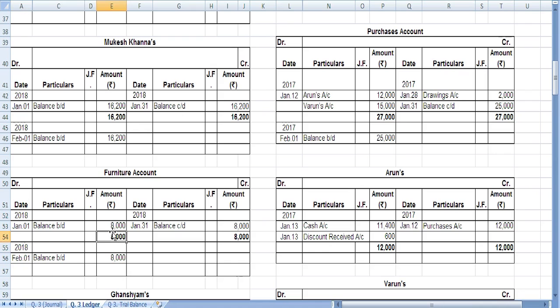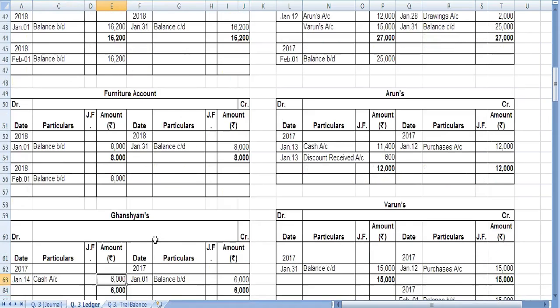There was nothing, so closing balance also is 8,000. And on February 1, the opening balance again came to 8,000. Because this side was nil, we put 8,000 here to balance both the sides.